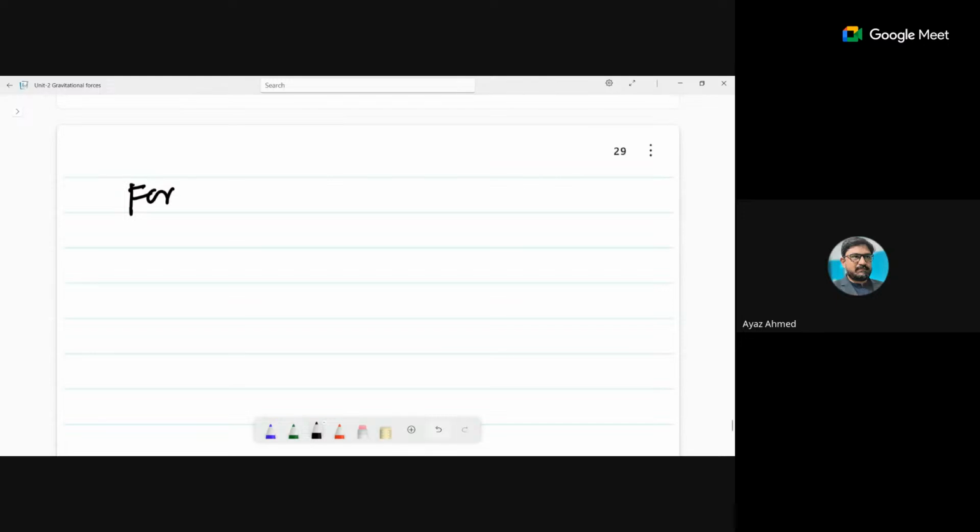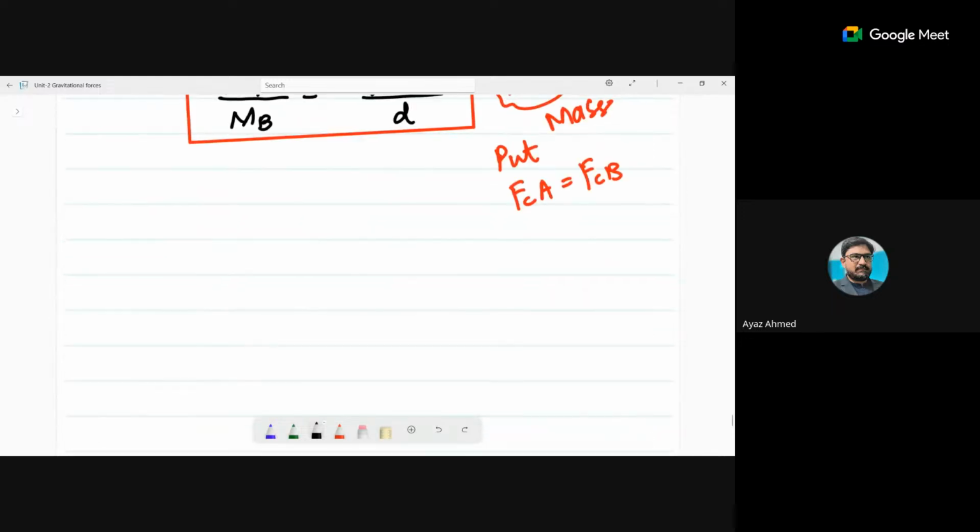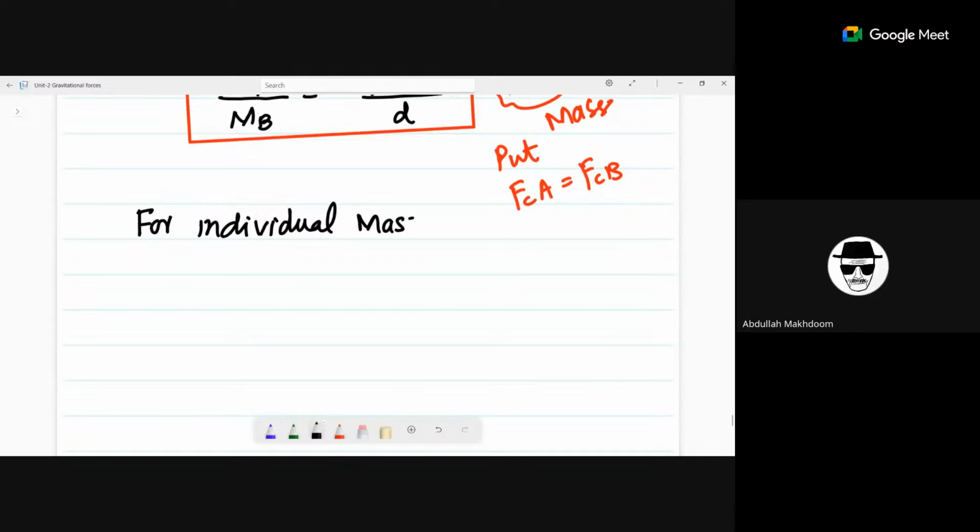Wait, maybe I have some space in the page. We can equate it to zero, or we have another technique for individual masses. Put Fc equals to Fg.